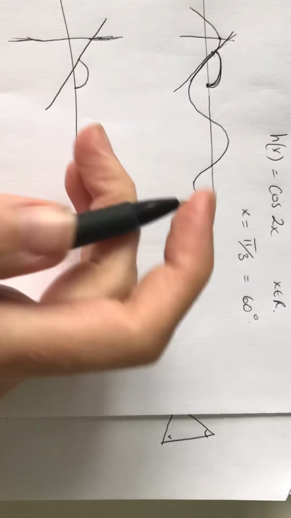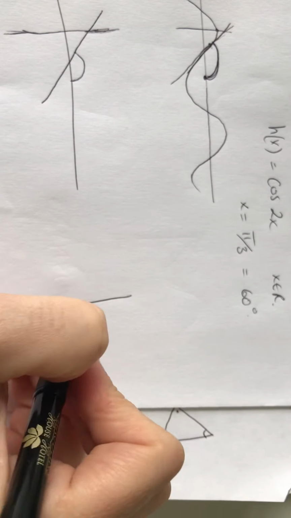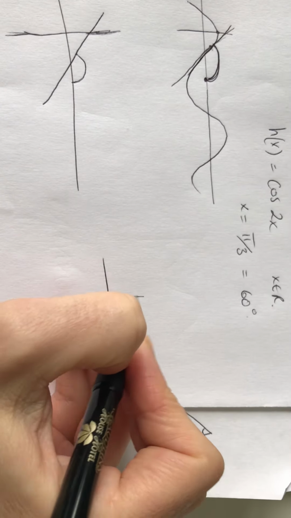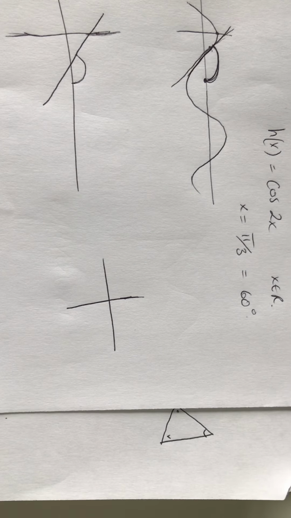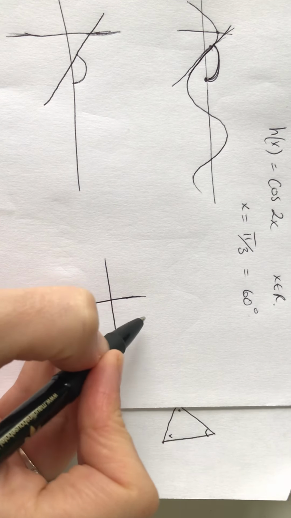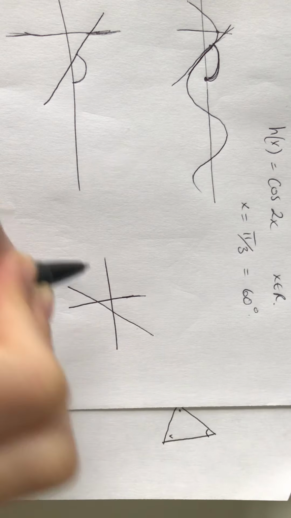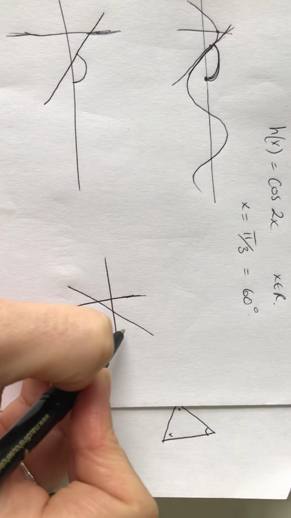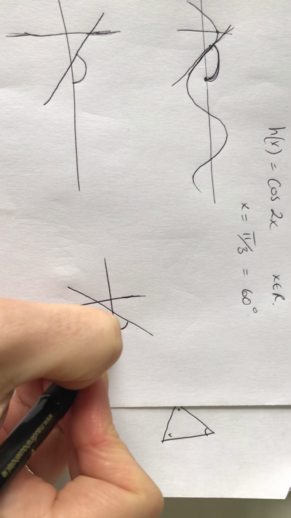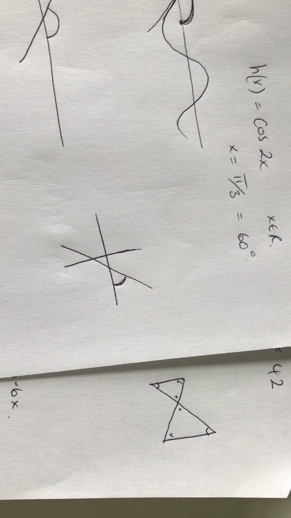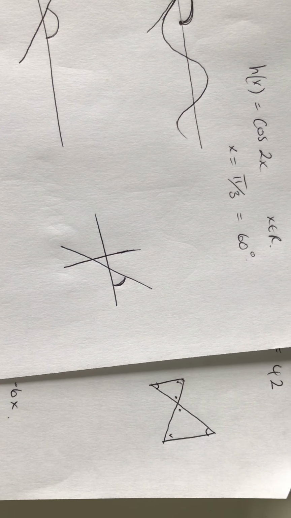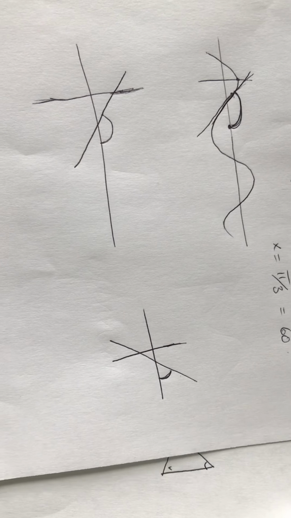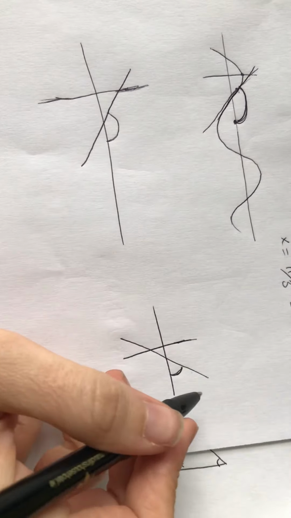If I was to draw it the other way, and I'll only know when I have a fair idea of what the slope is, but if it went, let's say, this way, then it would be this angle that I'm trying to find. So it looks like I'm trying to find an angle between 0 and 180 anyway, no matter which of those two options we're looking at.